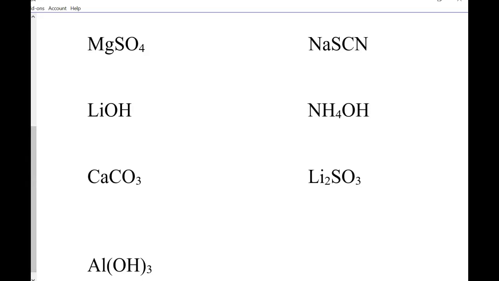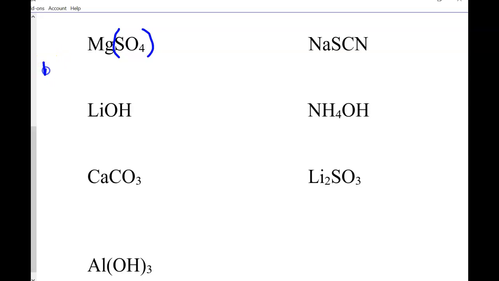All right, so in this first example here, we have MgSO4. So which piece of this is the polyatomic ion? Is it MgS or SO4? You got it, it's SO4. So my advice is to put parentheses around the SO4, and that'll help you figure out what the 2 pieces are that are bonded together here.